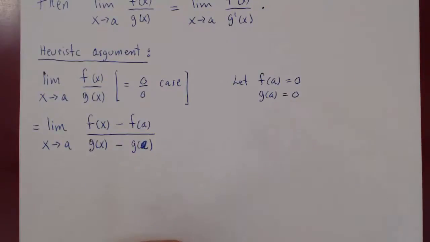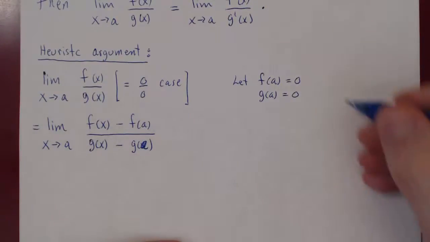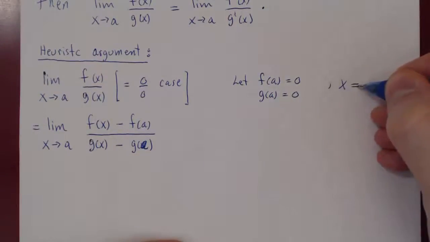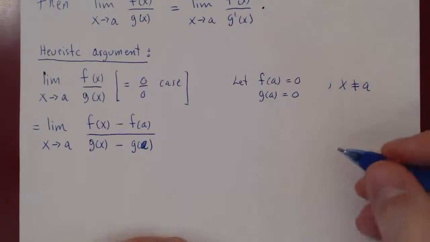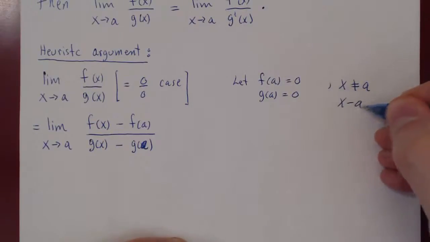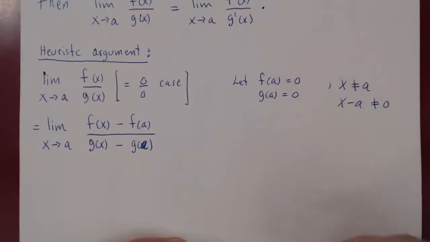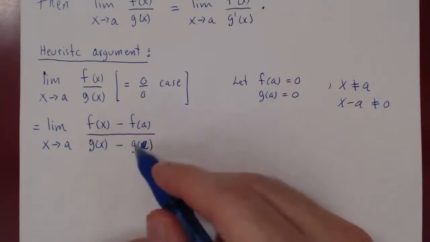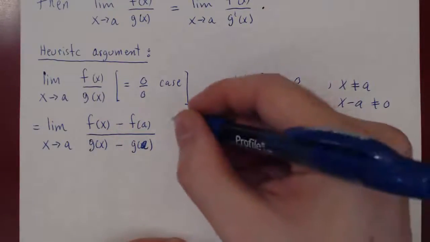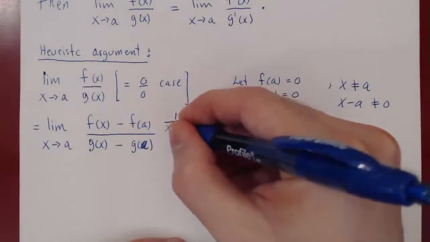And now here's where we'll be silly. As x approaches a, we know that x is close to a, but never equal to a. And so x minus a is not equal to 0. And so I'll multiply top and bottom of this fraction by 1 over x minus a.